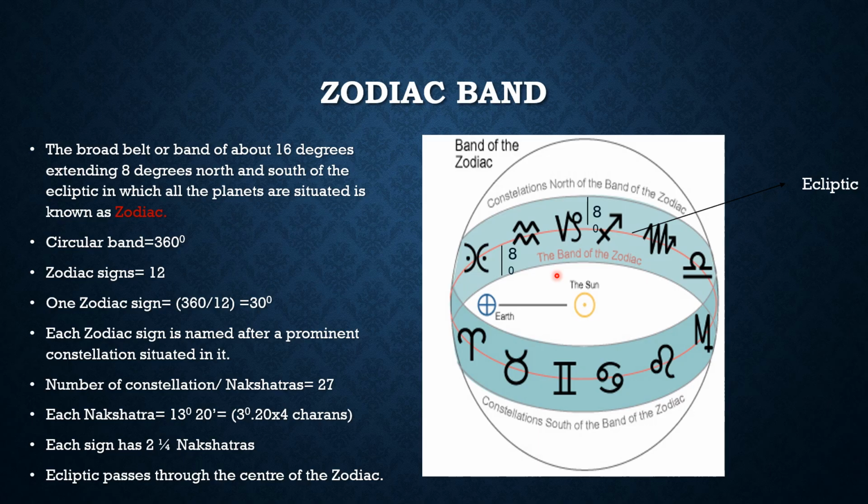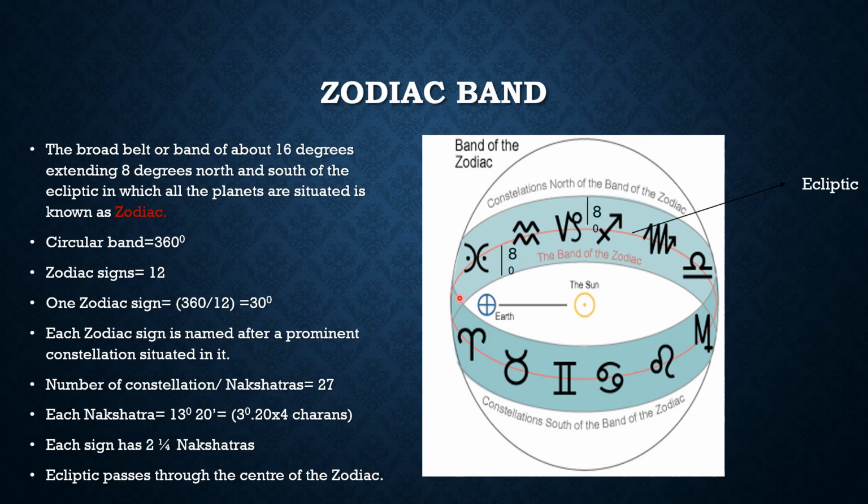The number of constellations or nakshatras is 27. Each nakshatra is going to get 13 degrees 20 minutes with 4 charans present in it. Charan-wise, each charan will get 3 degrees 20 minutes. So every zodiac sign is going to have two and a quarter nakshatras.